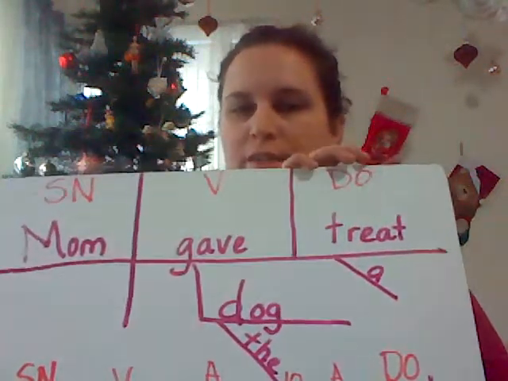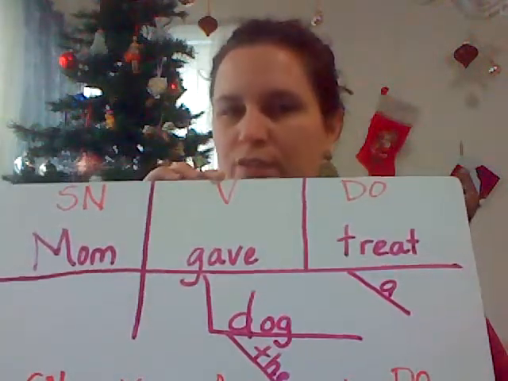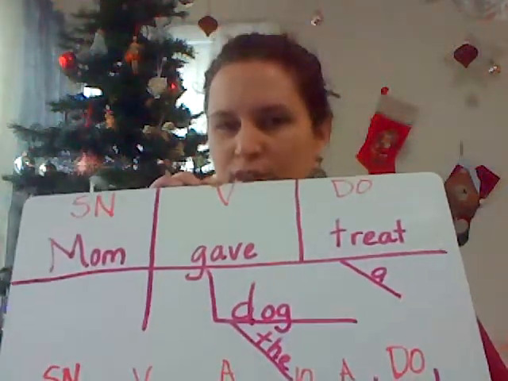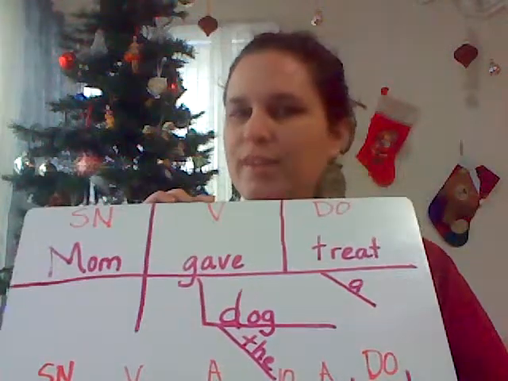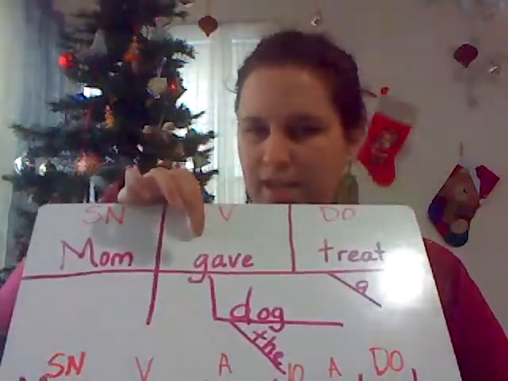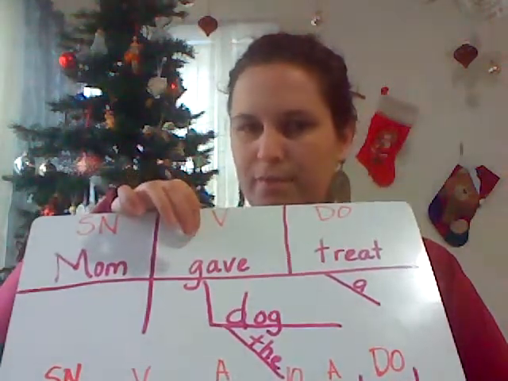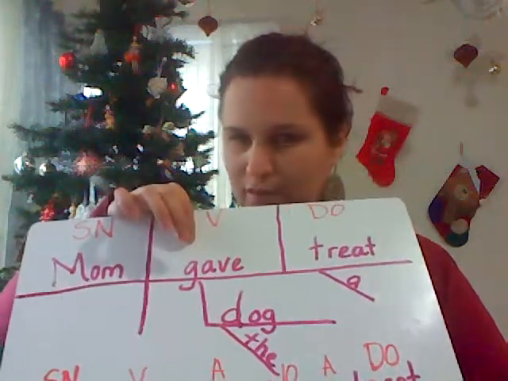The treat received the action, but whom received the treat, who received the direct object, was the dog. This is the person, or the thing, that was receiving the giving. So you can see that gave has the dog attached to it.